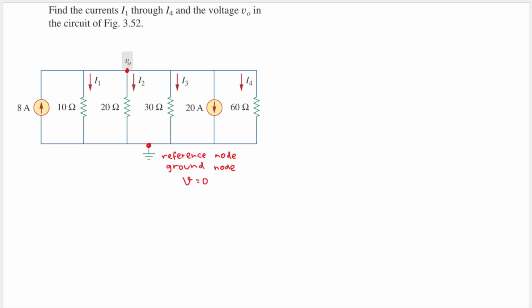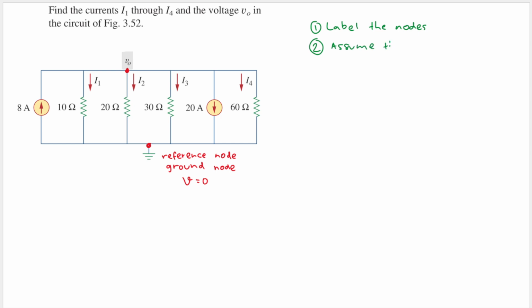The first step in nodal analysis is to label the nodes. The second step is to assume the direction of the currents.